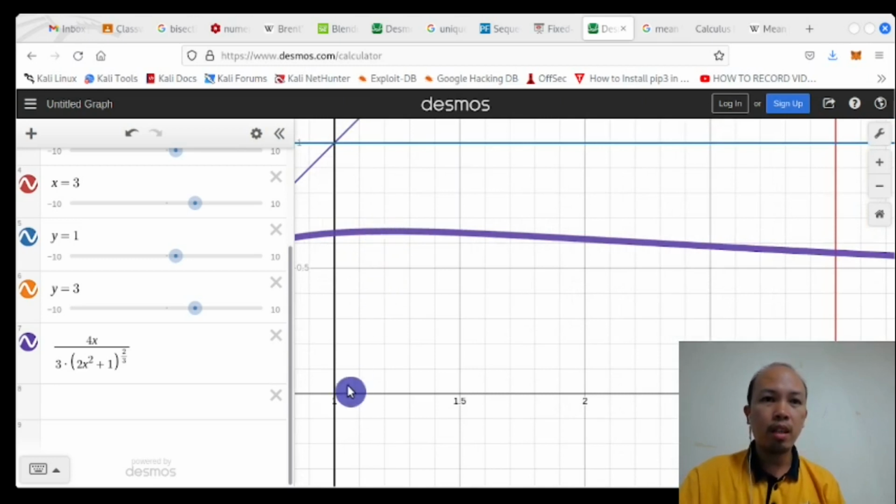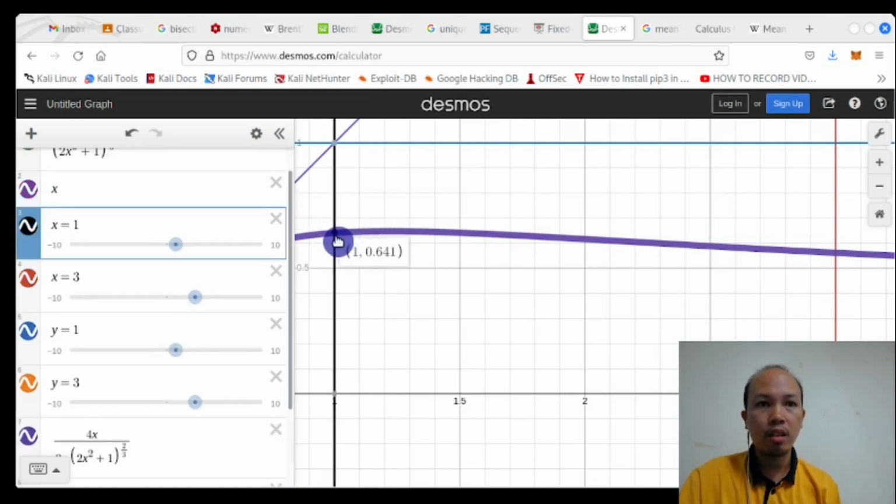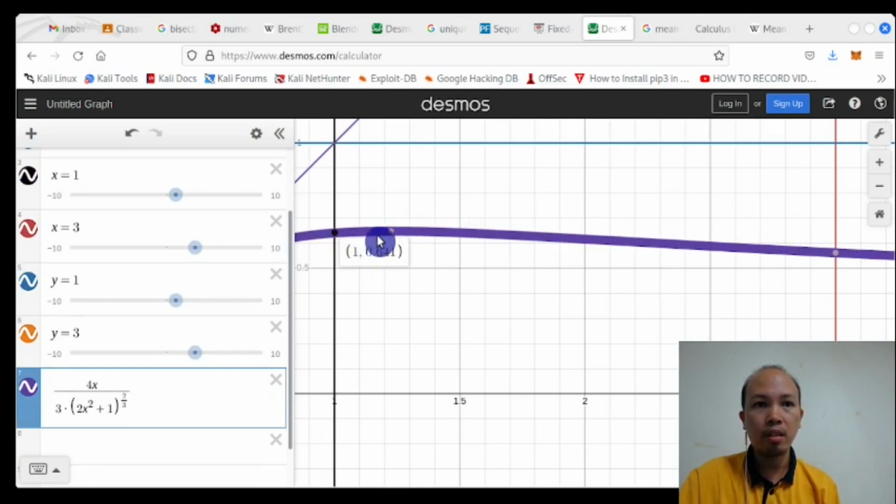It seems like the maximum value of these values is this point here, which is not g prime of 1. So we cannot say that our k is this choice here, 0.641, because there is a highest point somewhere here.